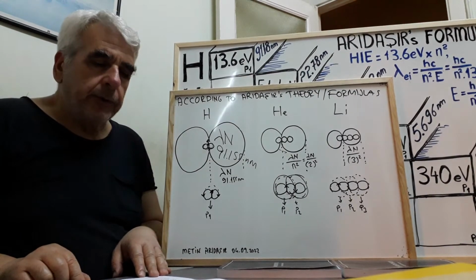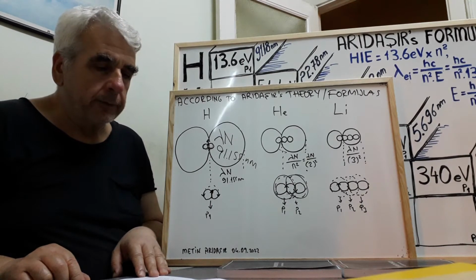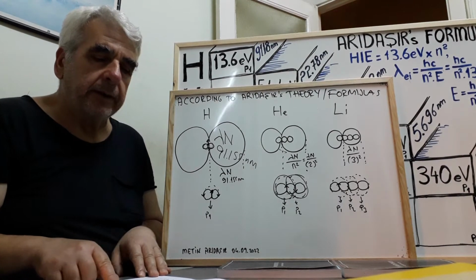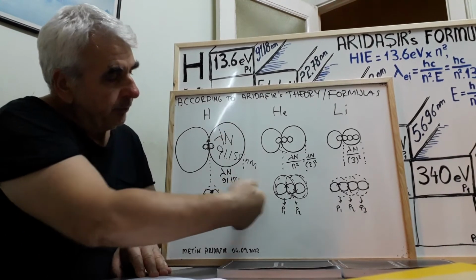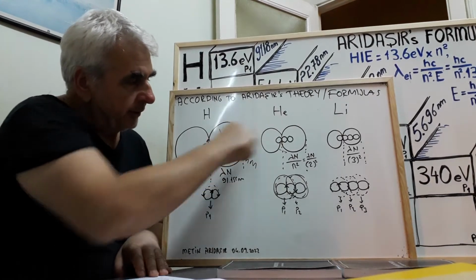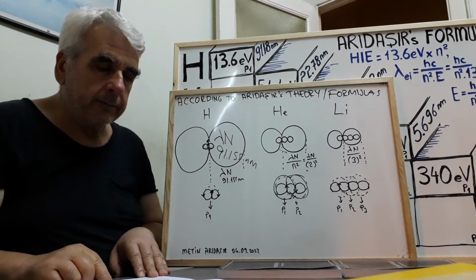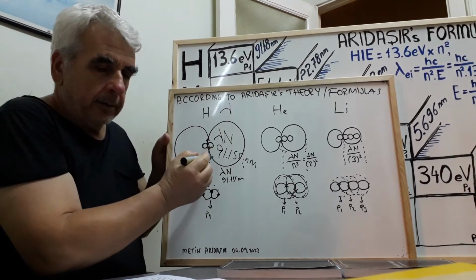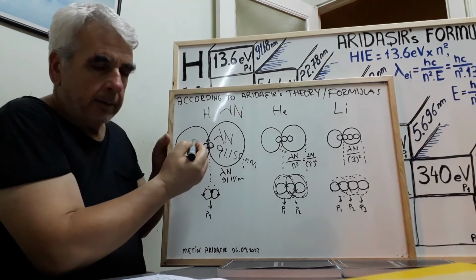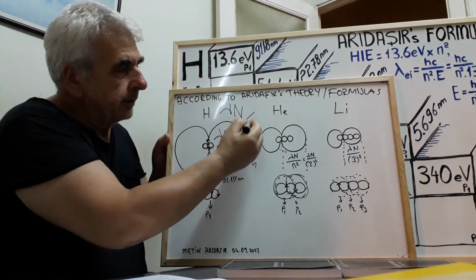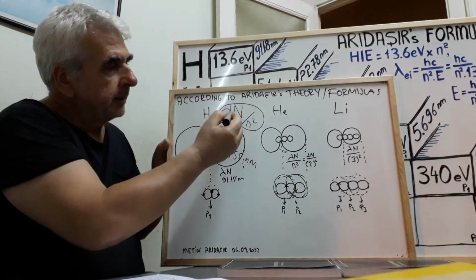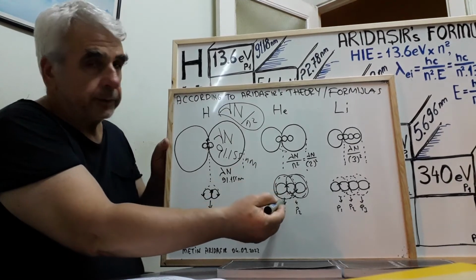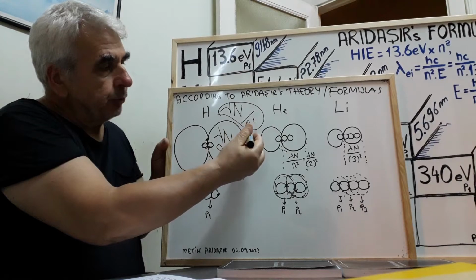When you add a second proton to make joint motion with hydrogen's proton, first-proton-bounded 91.155 nanometer wavelength electron motion form shrinks to lambda n divided by n square. 2 protons, 2 square is 4.